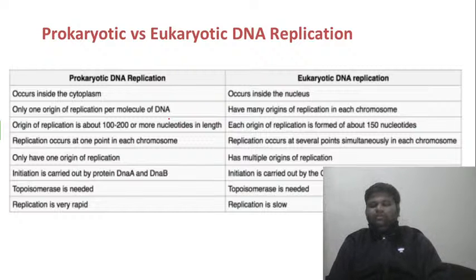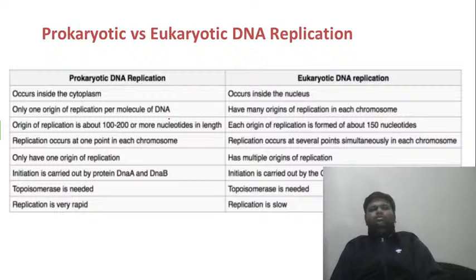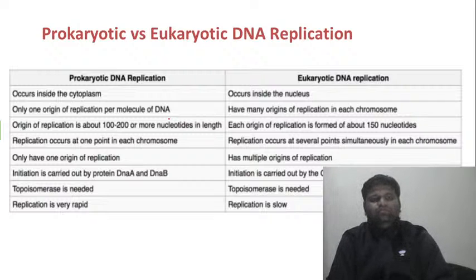There is some basic difference between prokaryotic and eukaryotic DNA replication. Prokaryotic DNA replication occurs inside the cytoplasm, whereas eukaryotic DNA replication occurs inside the nucleus. Prokaryotic DNA replication has only one origin of replication per molecule of DNA, and eukaryotic DNA replication has many origins of replication in each chromosome.